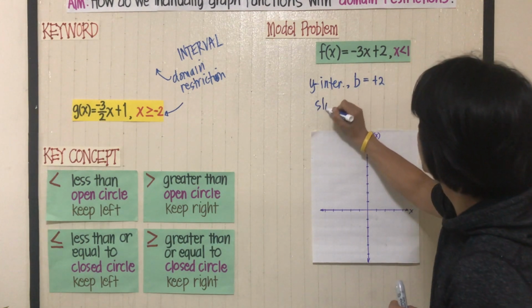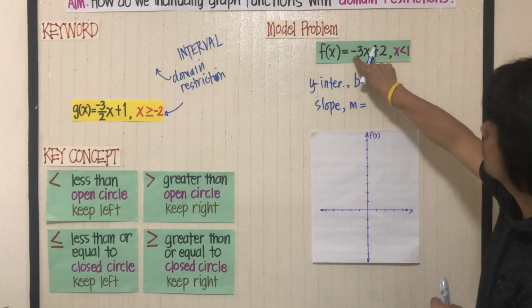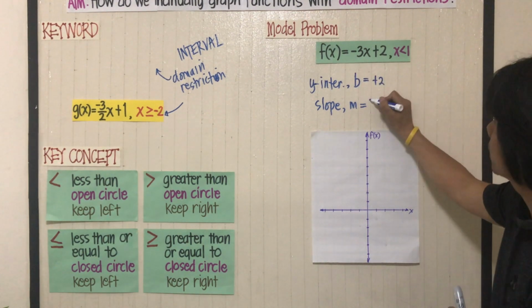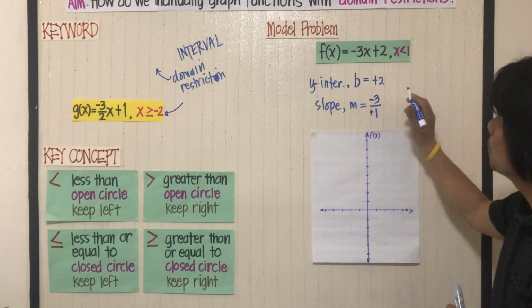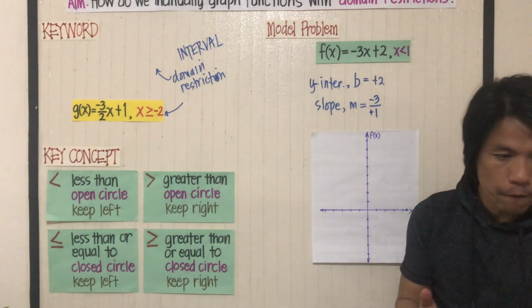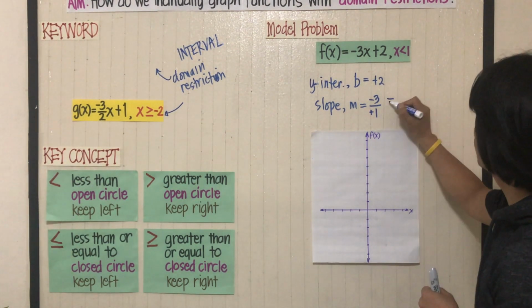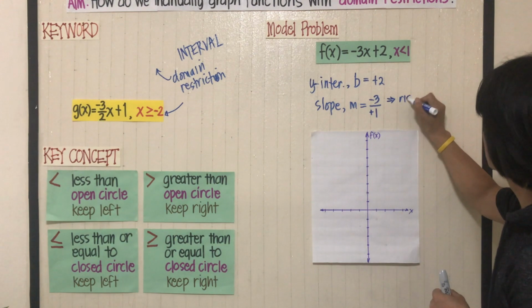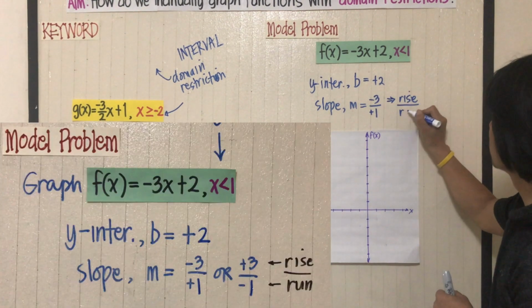The slope, denoted by m, is the coefficient of x, which is negative 3 over positive 1. We make it a fraction in order to identify the slope, the rise over run. This is our rise, and the denominator is our run.